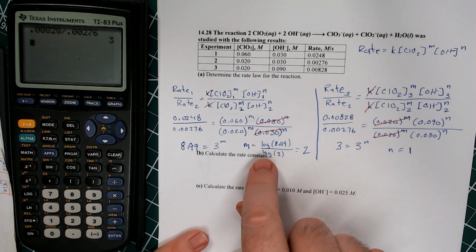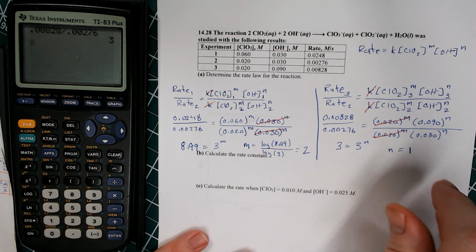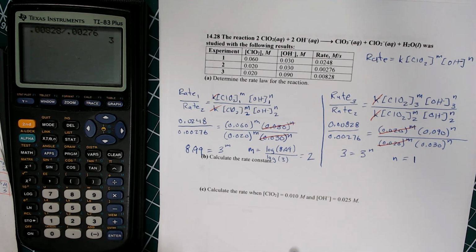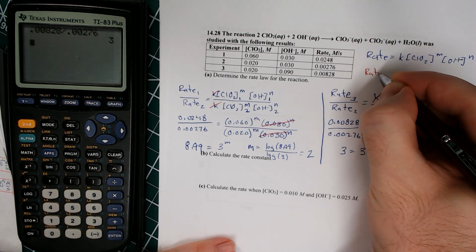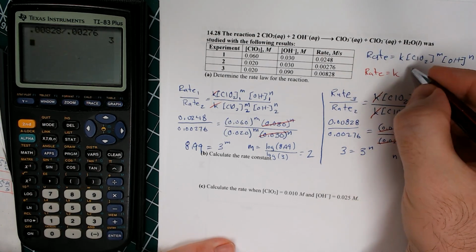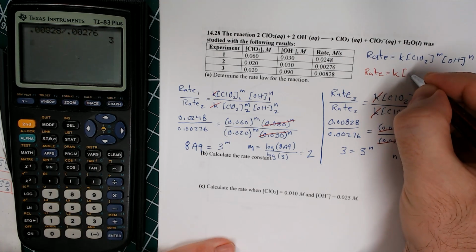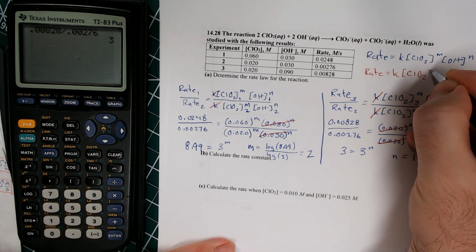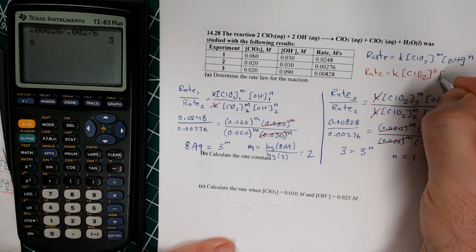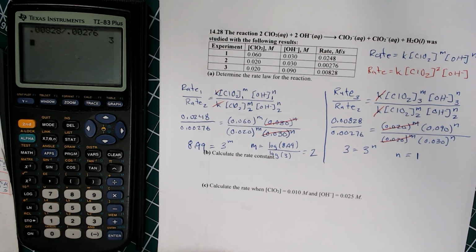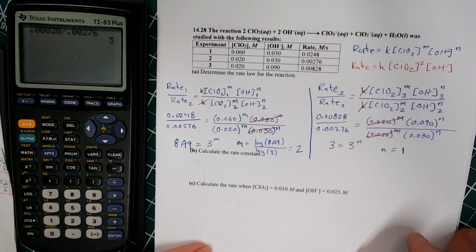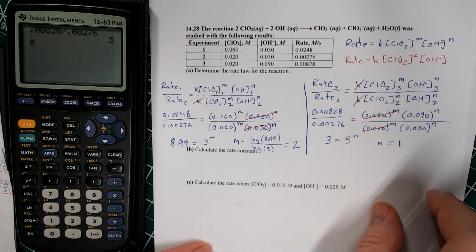All right, now that we have m and n, we can now put those in, and we will have our rate law. So our rate is equal to K times the concentration of ClO2 squared times the concentration of hydroxide to the first power. And of course, we don't have to write that as 1.